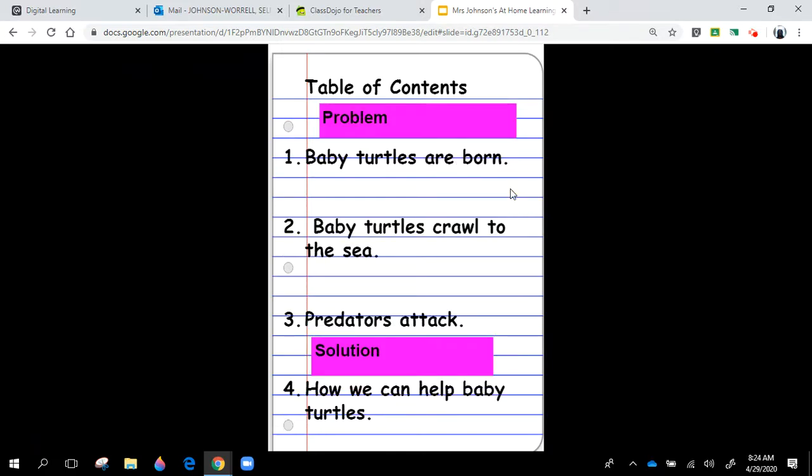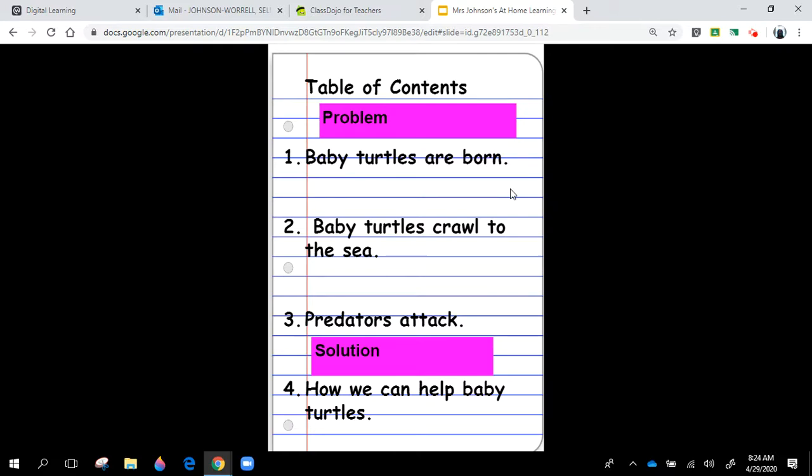Or I could also use a problem and solution approach. So I could put the problem out there to tell the people who I'm trying to teach my information book, this is the problem that baby turtles have. And then the solution would be what we could do to solve it or how they solve their own problems. So for the problem, I would put one, baby turtles are born, two, they fall to the sea, and three, predators attack.